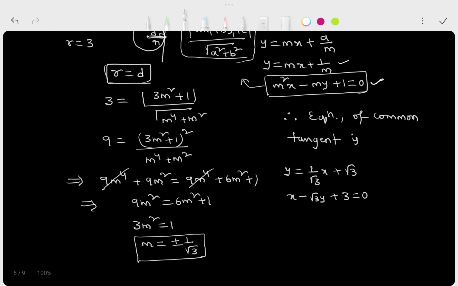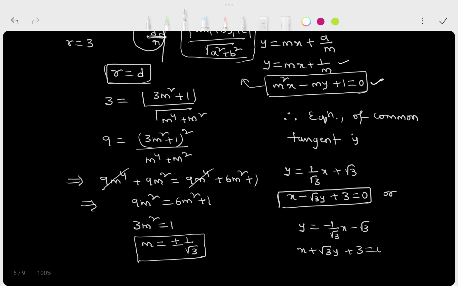This is one common tangent. Otherwise, if m equals minus 1 by root 3, then y equals minus 1 by root 3 into x minus root 3. Now take the LCM, this will be x plus root 3 y plus 3 equals 0.